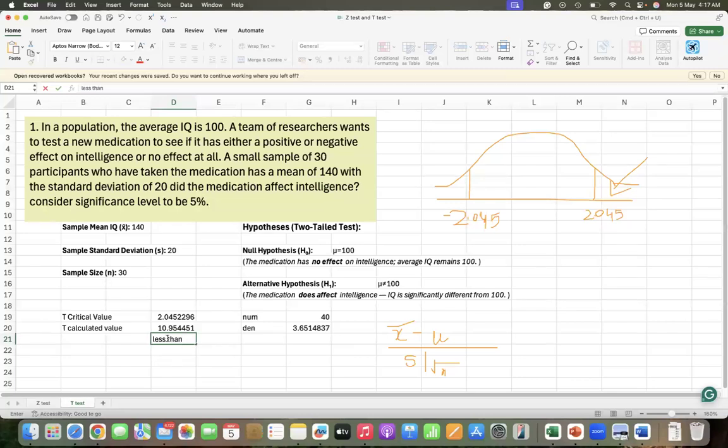So since it is greater than 2.045, we reject the null hypothesis.